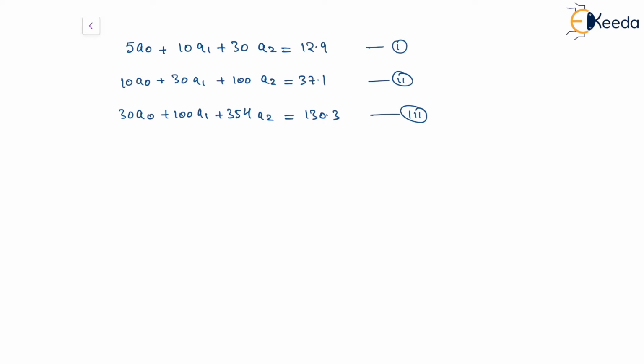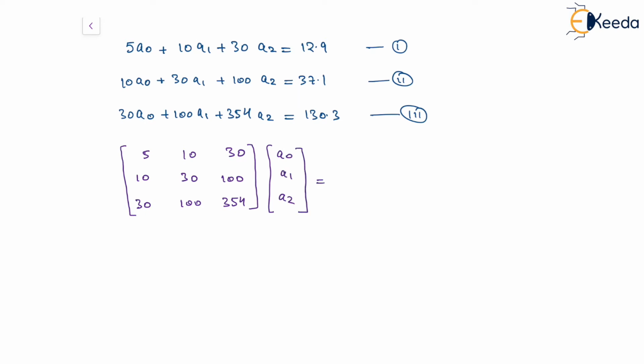In that case, forming the matrix, which will be 5, 10, 30; 10, 30, 100; 30, 100, 354, and the variables a naught, a1, a2 equal to 12.9, 37.1 and 130.3.